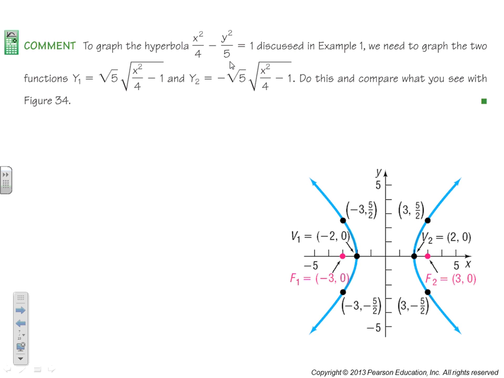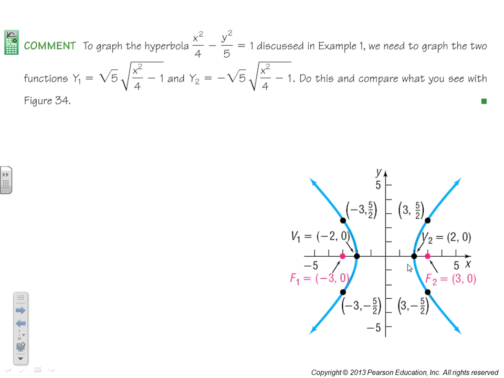When we do that, we get two answers, a positive answer and a negative answer, because when you take the square root of both sides, you get plus and minus. So we get y1 equals plus root 5 times the square root of x squared over 4 minus 1, and y2 is the negative version of that, negative root 5 times the square root of x squared over 4 minus 1.